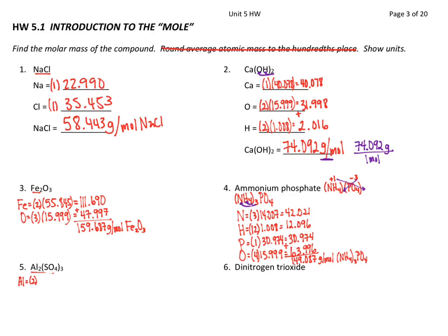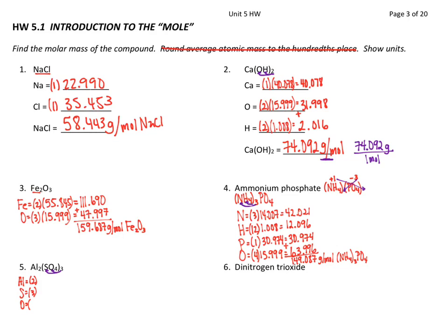Now, let me erase this real quick so you can see what I'm about to do. Here we have parentheses, and so again we have to distribute this subscript. So I'm going to end up with 3 sulfurs. And I have 4 oxygens, but then the subscript is 3, so I have to multiply that times 3.